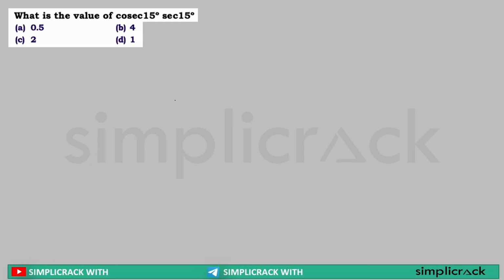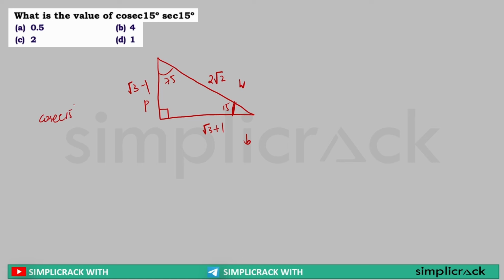Next. Sir, what is the value of cosec 15 degree and sec 15 degree? Now, what I told you, in this triangle, let me draw it properly. This is a right angle triangle, this is 90 degree, this is 75 degree, this is 15 degree. So this will be root 3 minus 1, this will be root 3 plus 1, this will be 2 root 2. Now it is asking about 15 degree, that means this is P, this is B, this is H. Cosec 15 means H by P. So cosec 15 degree multiplied by sec 15 degree, it has asked.